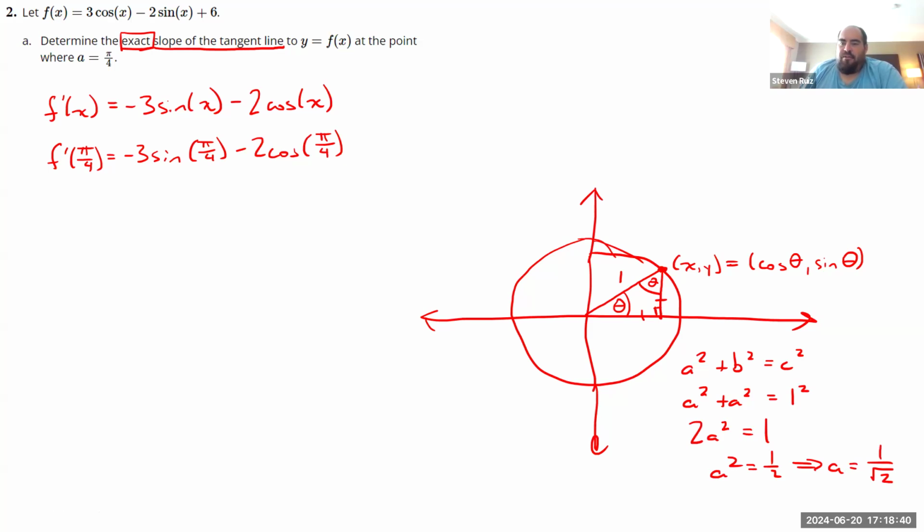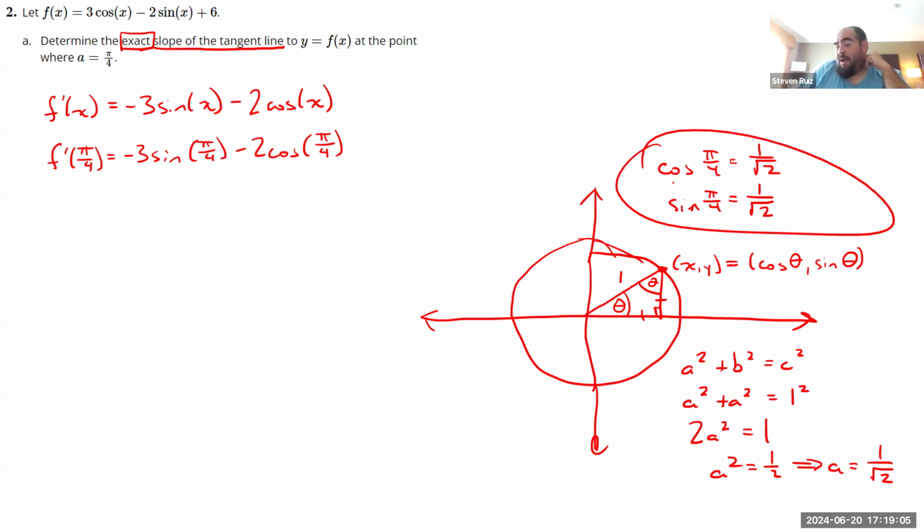Again, the two sides of this triangle are the same. So this tells me that the cosine of pi over 4 is 1 over radical 2, and the sine of pi over 4 is 1 over radical 2. You may have gotten to these two conclusions a lot earlier than I did, but I think it's worthwhile to see a refresher on how these trig things are structured, especially sine and cosine, since everything else is based on them and comes back to the unit circle.